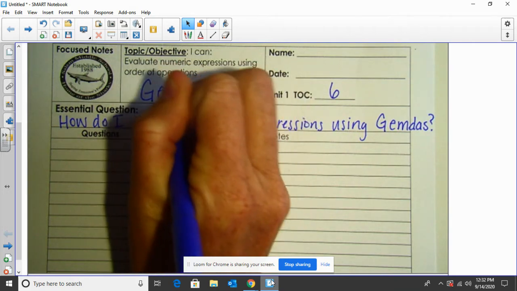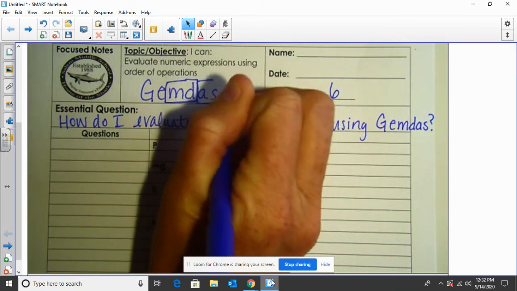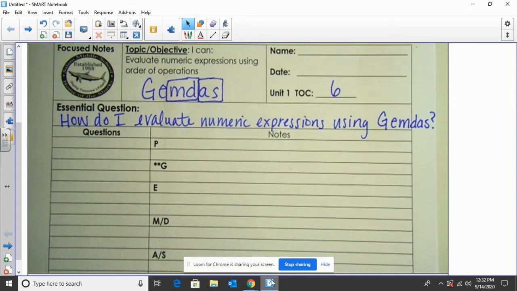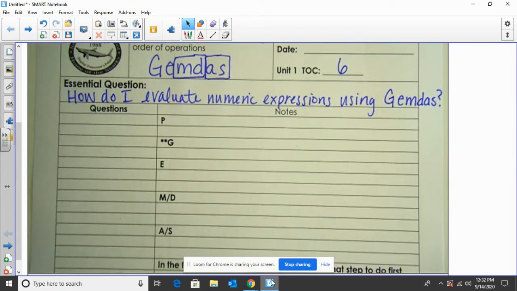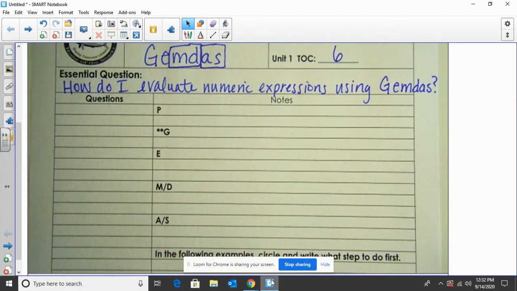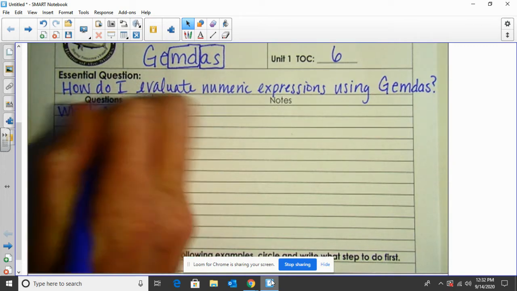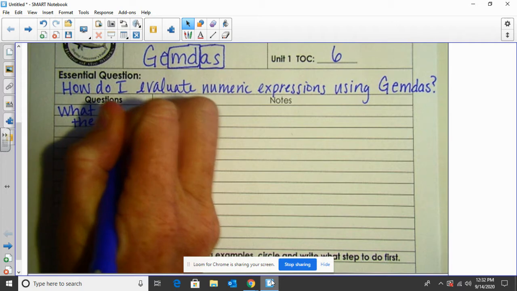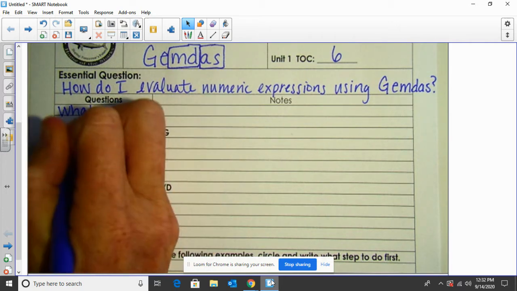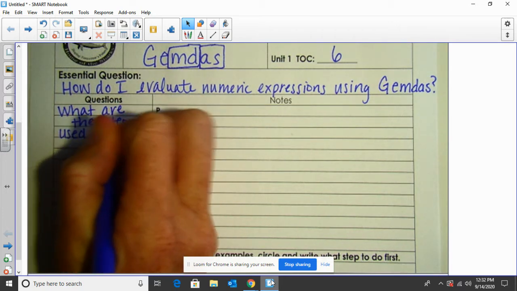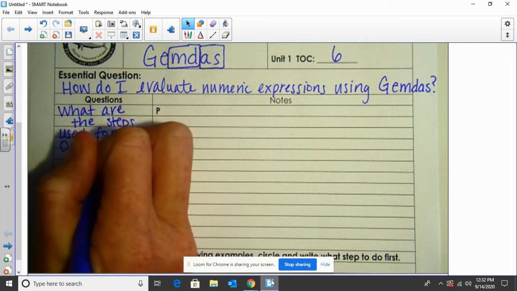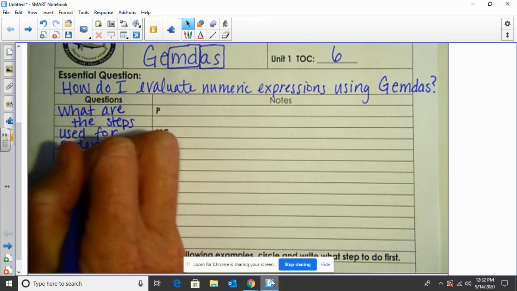And you're going to notice that I'm going to be grouping the MD together and the AS together. So the first question that we're going to ask ourselves on the left is, what are the steps used for order of operations?